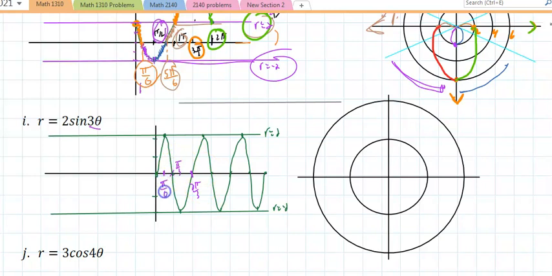This is pi over 6, 2 pi over 6, 3 pi over 6. 3 pi over 6 is pi over 2, by the way. 4 pi over 6, 5 pi over 6, 6 pi over 6, 7 pi over 6, 8 pi over 6, 9 pi over 6, 10 pi over 6, 11 pi over 6, and 12 pi over 6. That's a lot of points. What I need to label.